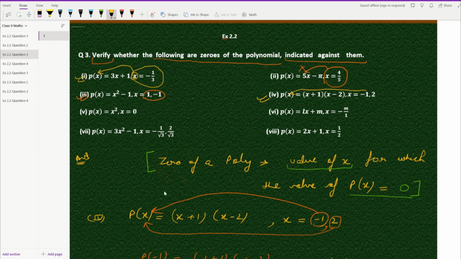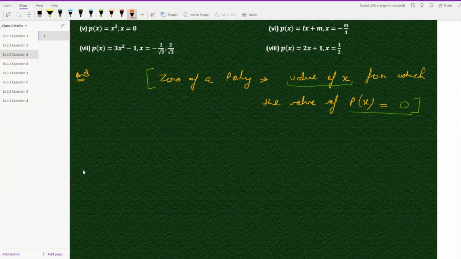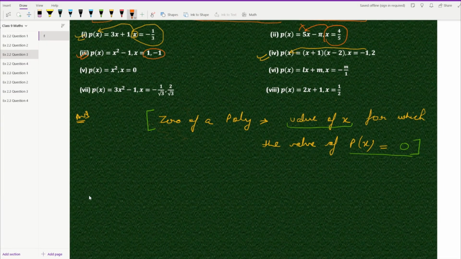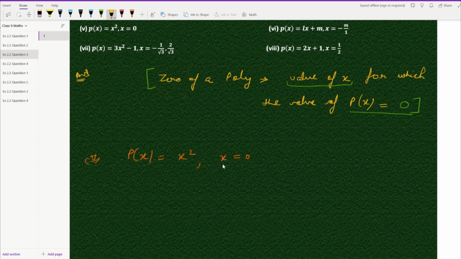Now we come to the next part, that is the fifth part of this question. The fifth part is saying p(x) is equal to x square, and we have to check for the value of x equal to 0. So simply we have to replace this value of x equal to 0 in this polynomial.